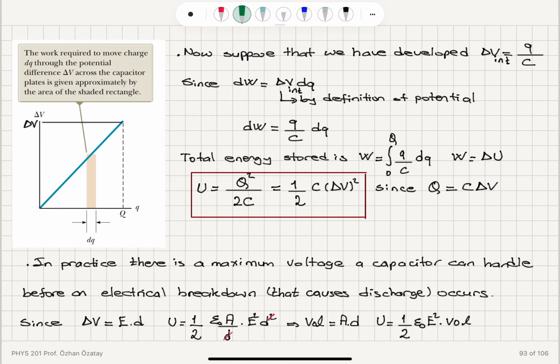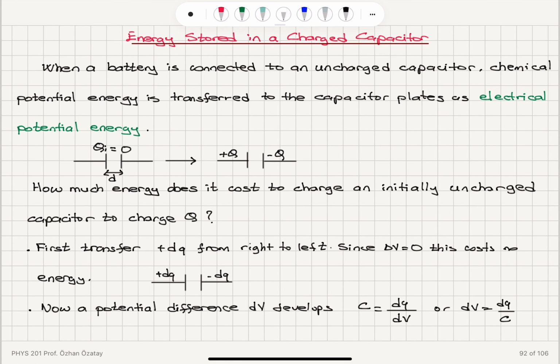Okay. So here we have considered energy stored in a charged capacitor. The process is basically a transfer of chemical potential energy to electrical potential energy in the capacitor. So we transfer charges from the battery to the capacitor plates, going from an initially uncharged situation to a charged situation.